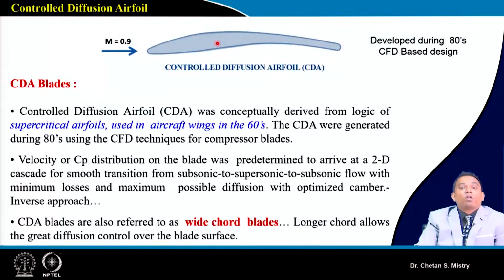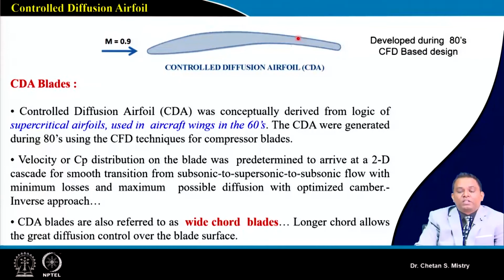Now all the aerofoils, all the blades for fans and compressors we are looking at, are being developed using computational tools. Initially, as we were discussing earlier also, you assume some aerofoil shape and later on, as per your expectation, maybe you modify your shape.